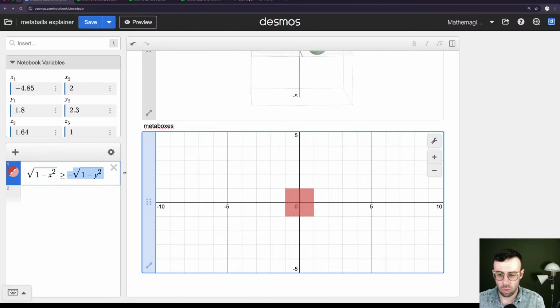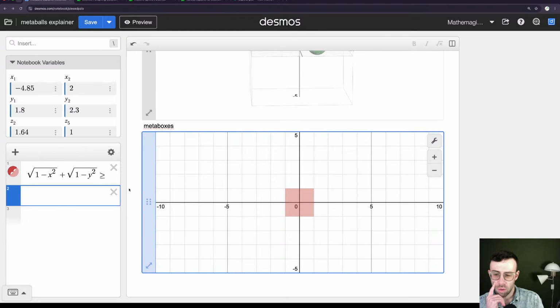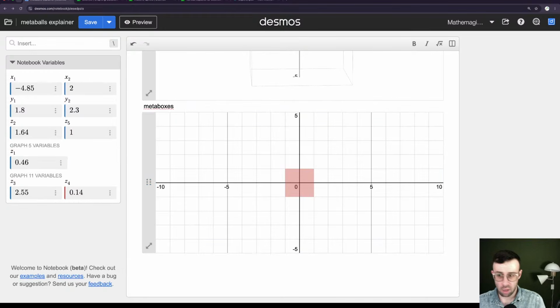So if we move, that affects the blending. What would it look like in a 3D graph?